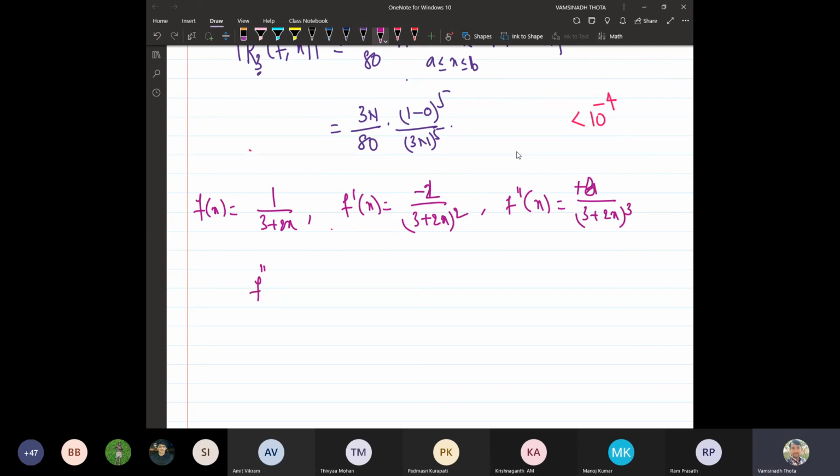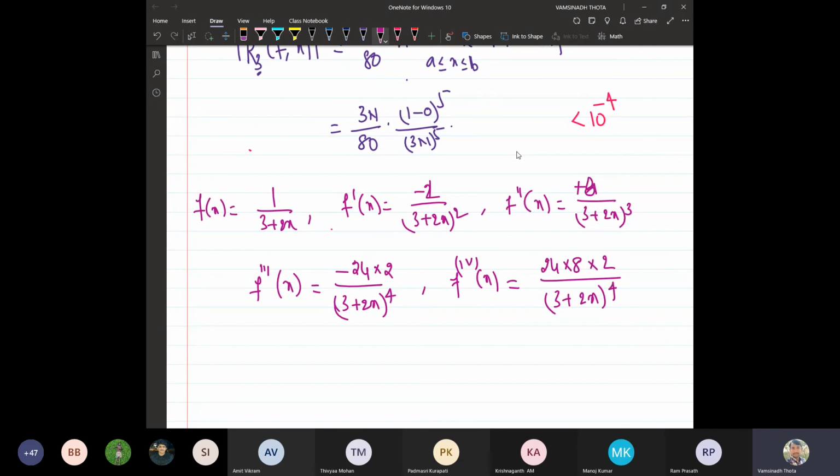Then the third order derivative will be minus 24 upon (3 plus 2x) to the power 4 times 2, and finally the fourth order derivative will be minus into minus, plus: 24 into 8 into again 2 upon (3 plus 2x) to the power 5.